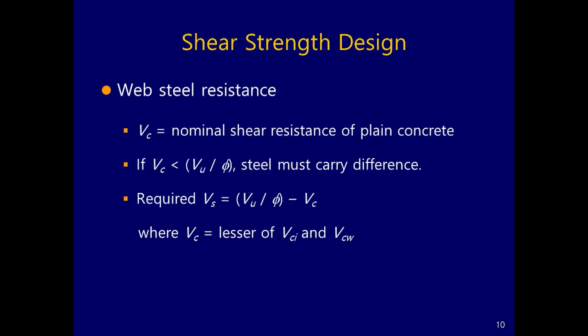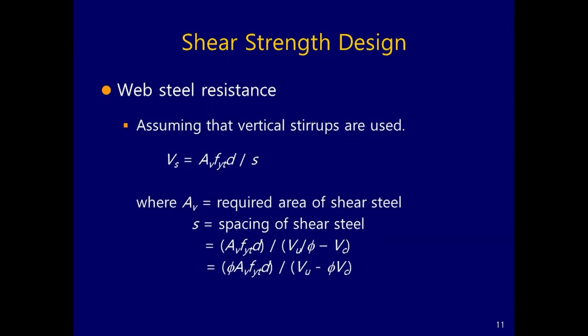And required V_s is calculated to be V_u over phi minus V_c. V_c, you can get from the approximate method or detailed method, which is the smaller of V_ci and V_cw. And V_s provided is A_v f_yt d over s, same as the RC. s is the spacing of the shear reinforcement.